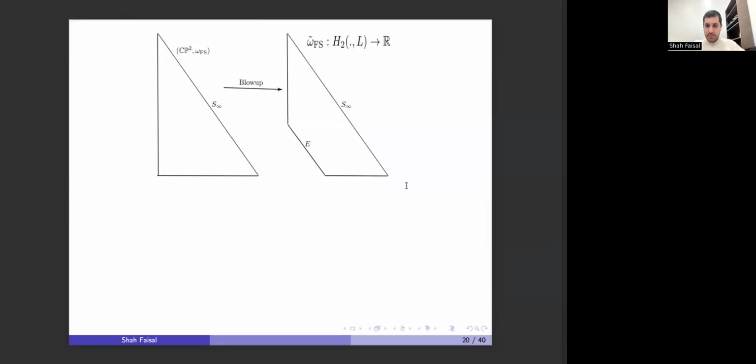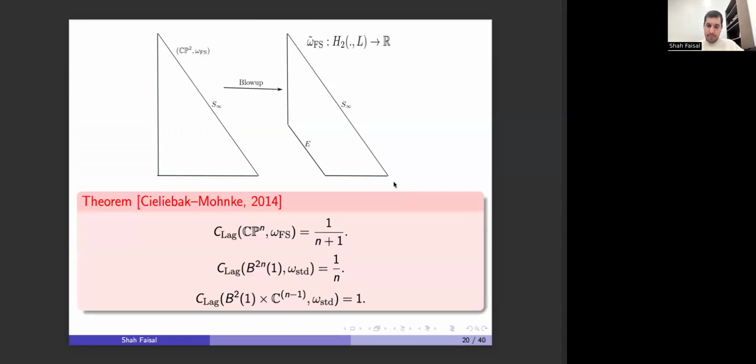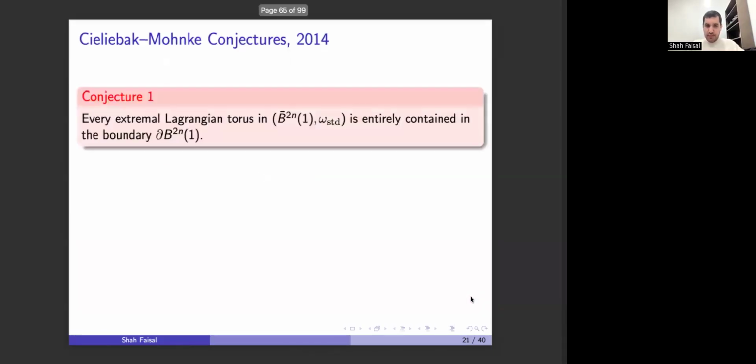So here's an example which I should skip. The Lagrangian capacity of CP^n, Cieliebak-Mohnke computed it, and it's equal to this number 1 over n plus 1. For the standard unit ball, it's 1 over n, and for the cylinder, it's 1.